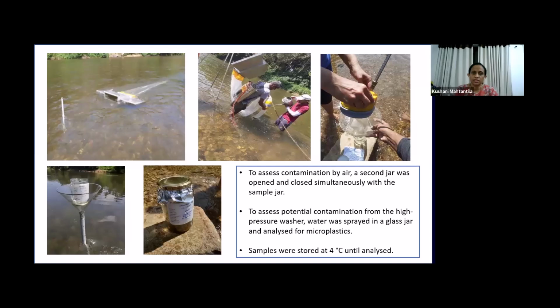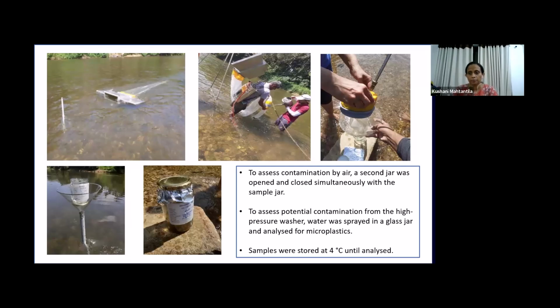After the 30 minutes, we take the Manta out and wash the net to collect all the particles in the cod end, and then with a high pressure flow of RO water, we transfer the particles into glass bottles. Then it is covered with aluminium foil and capped with steel lids.